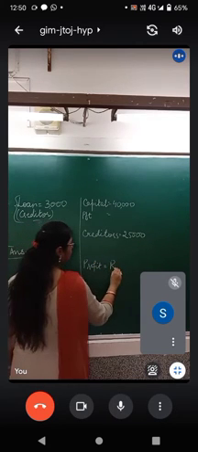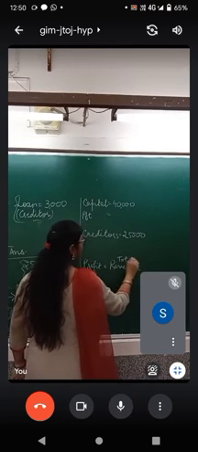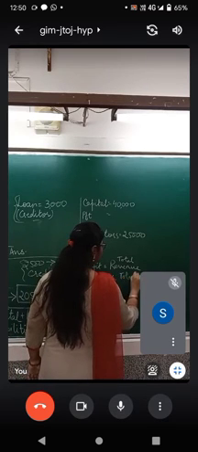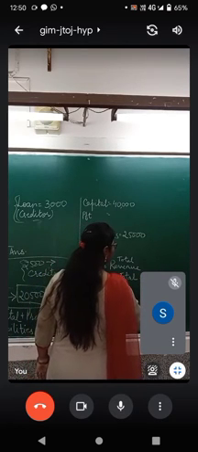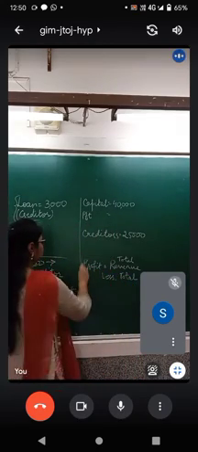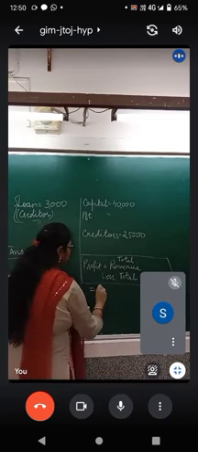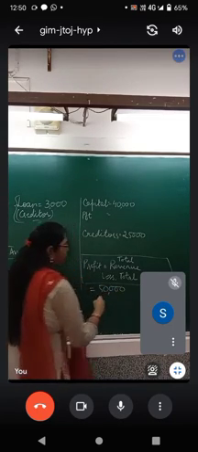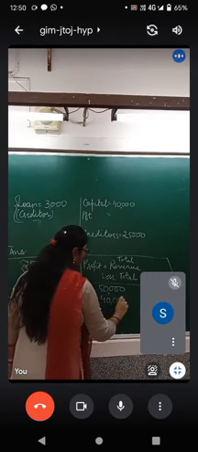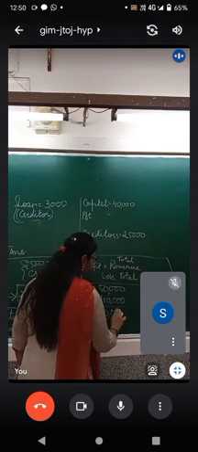Profit is equal to total revenues minus total expenses. So how much is the total revenue? 50,000 as per the question, minus total expenses. Total expenses are rupees 40,000. So the profit is of rupees 10,000.